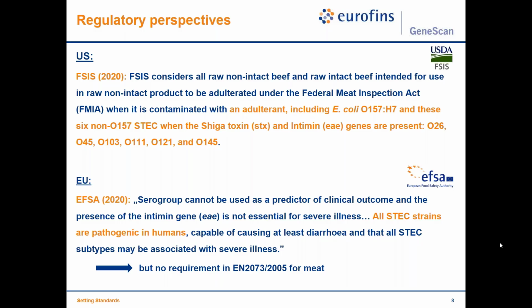And this O104 also did not include an eae. So I think it's based on a quite real scenario. However, when we look at it, this actually never really went into any regulatory requirements for the meat industry. So there are some in the relevant European norm 2073, but this is only for sprouts, which were in this outbreak the food that was associated with it.